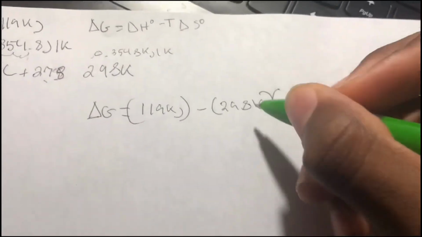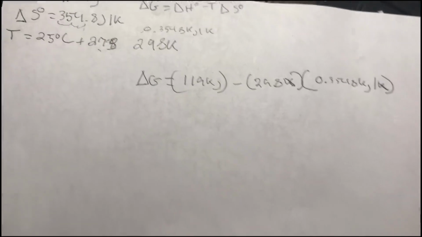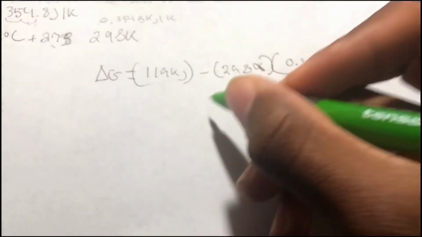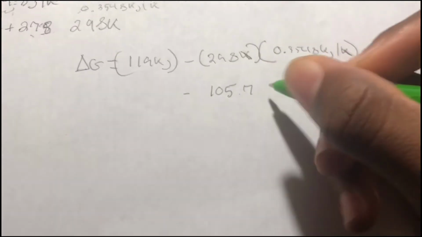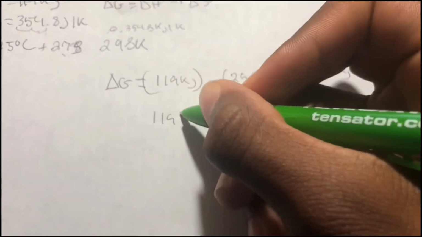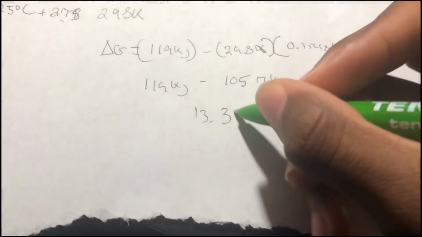So Kelvin cancel out. So when you multiply, it will just be kilojoules that we bring down. So it'll be 105.7 kilojoules. Bring down the 119 kilojoules. And then you subtract, you get 13.3 kilojoules.